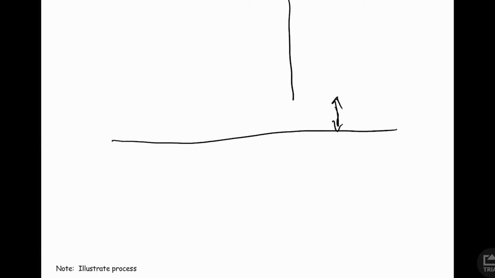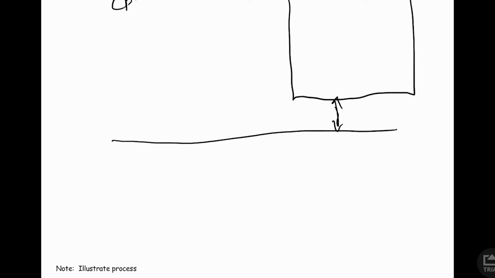So let's take a little bit of a look at processes. Let me see if I can change the pen here. Starting to get better at this. Okay, so we have the bus for our von Neumann architecture. And then let's say we have main memory. And I'm going to try to draw it bigger. And you also have your CPU. Let me put this down here so I can write a little bit more neatly.